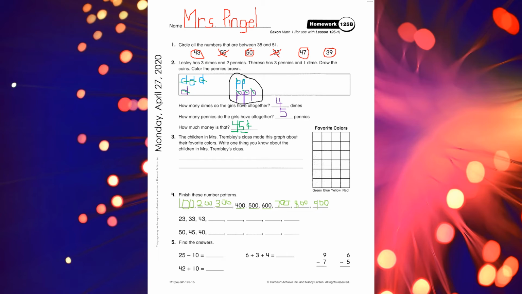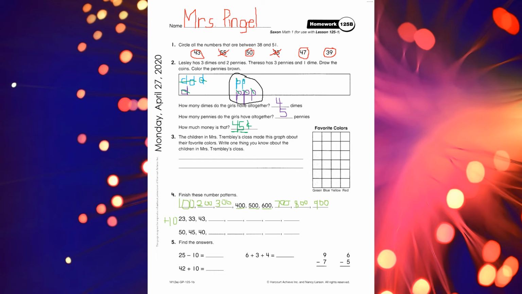23, 33, 43. What kind of pattern do you see? Are the groups of 10 or the groups of 1 increasing or getting higher? I think the pattern is plus 10.